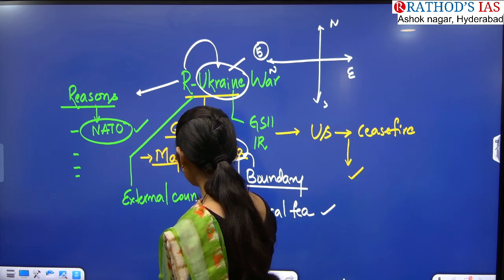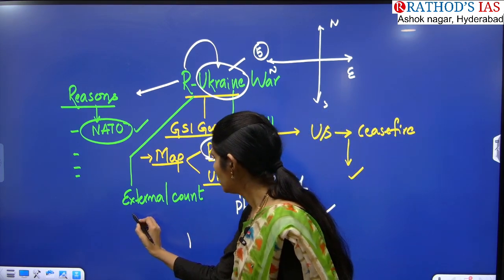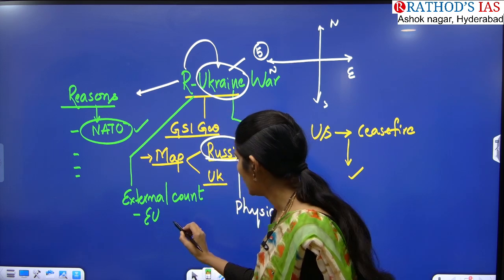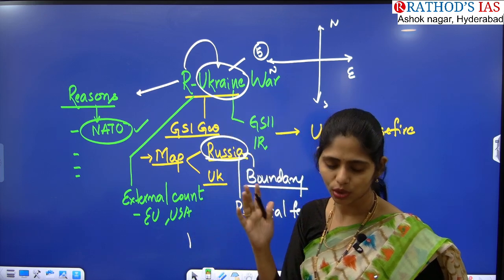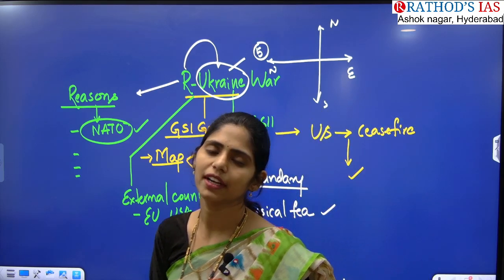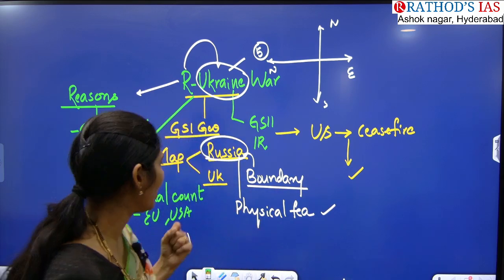Which countries are helping Ukraine? You can see European countries are helping, the USA is helping, and some other nations are helping. In which form is the help coming? For example, financial aid, humanitarian aid, or directly supplying arms. You have to make a note of that.